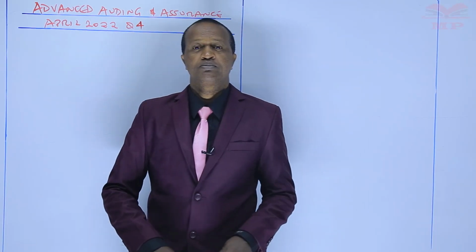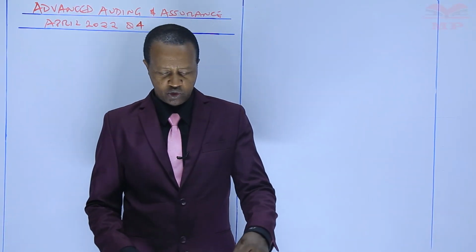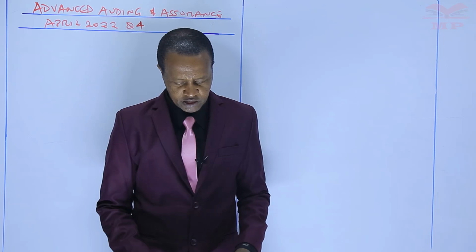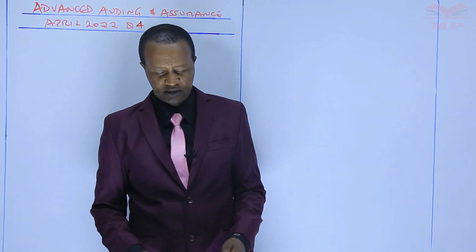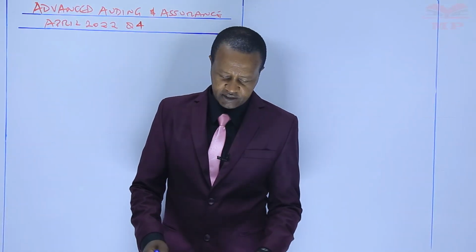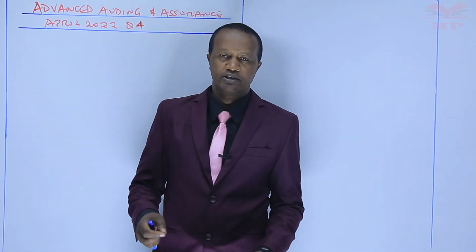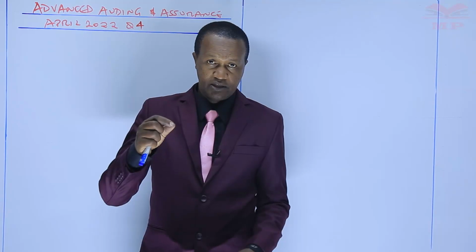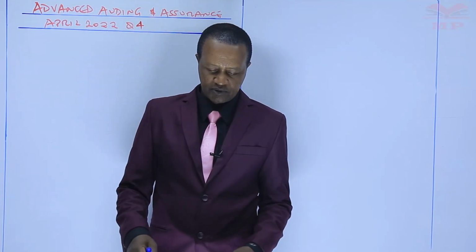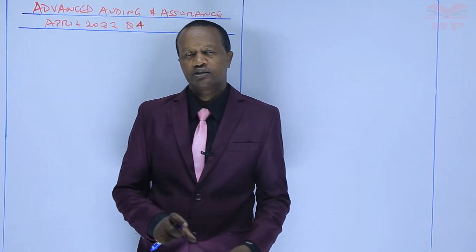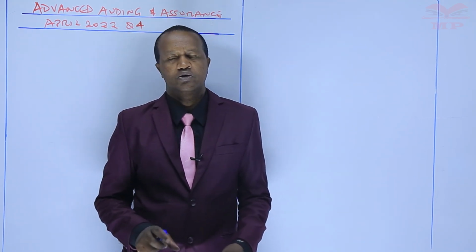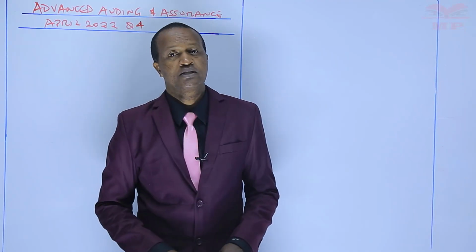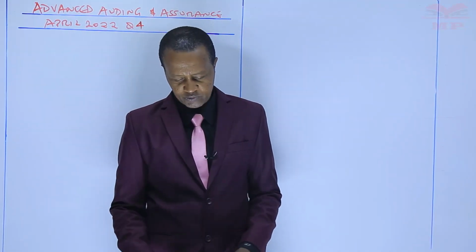Now, candidates, as you prepare for exams, it's important for you to be accustomed to the various systems, like the purchasing system, the sales system, the system around inventories, the system or recording system in relation to expenses, expenditure, and so on.